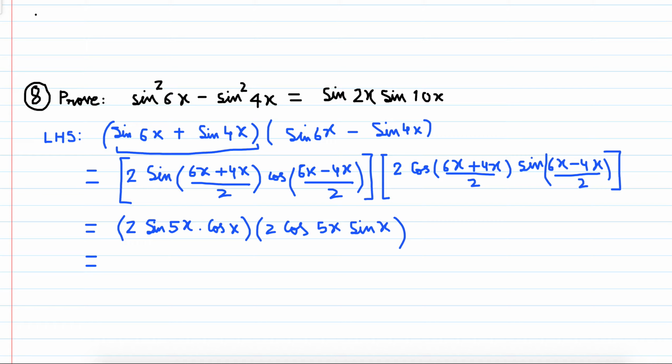So we know that sine 2x is equal to 2 times sine x cos x. So we will use this formula here. Sine 2x is 2 times sine x cos x, so we will use this reverse formula actually.